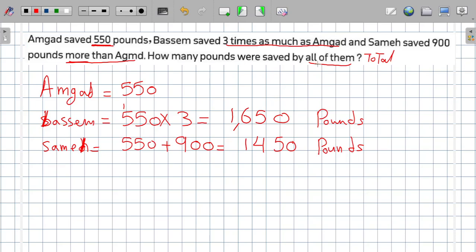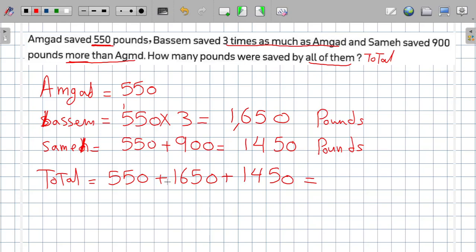Okay, but I want the money that is with them all. So I want the total of all money. Okay, so Amgad has 550. Basim has 1,650. And Sameh has 1,450.